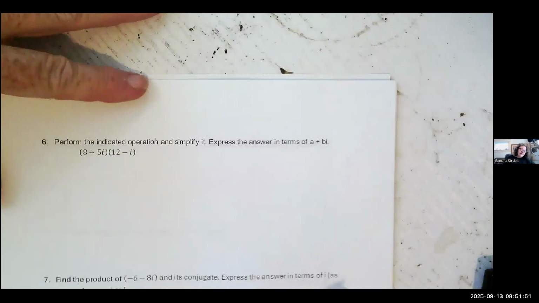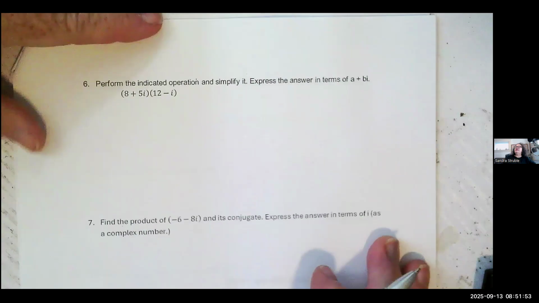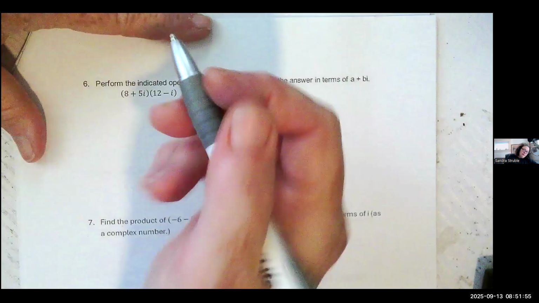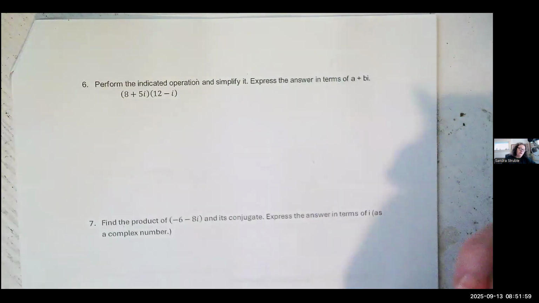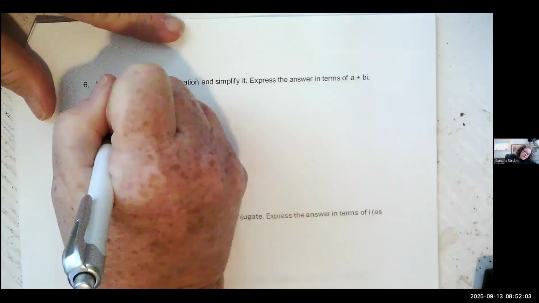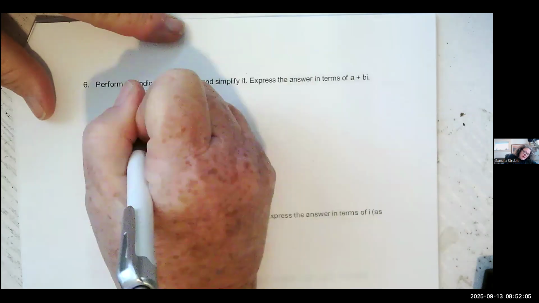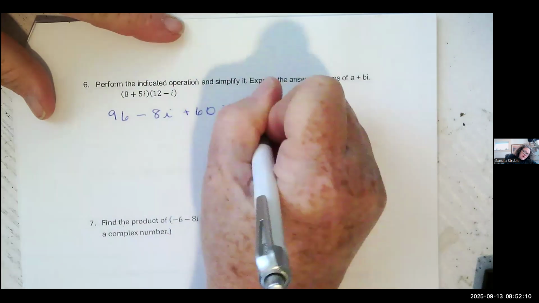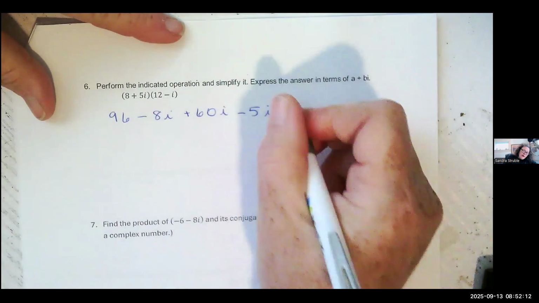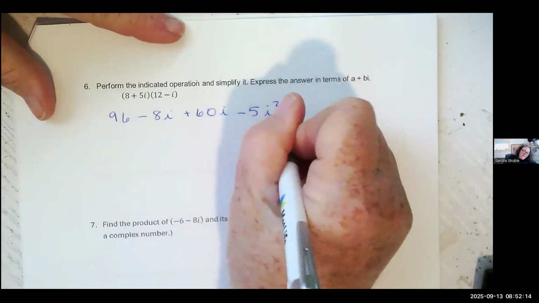Next one, perform the indicated operations and simplify it, expressed in terms of A plus BI. So we just need to multiply. Box, distribute, FOIL, pick your poison. I'm just going to FOIL real quick. 8 times 12 is 96, minus 8i plus 60i, and then minus 5i squared. Remember, i squared is also -1.